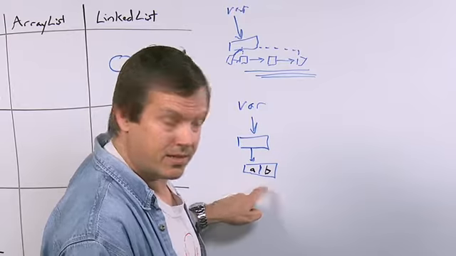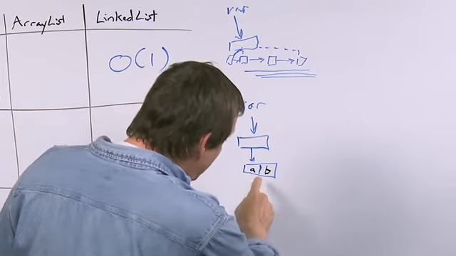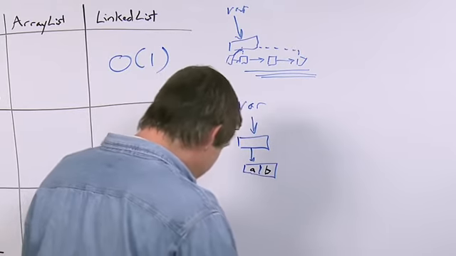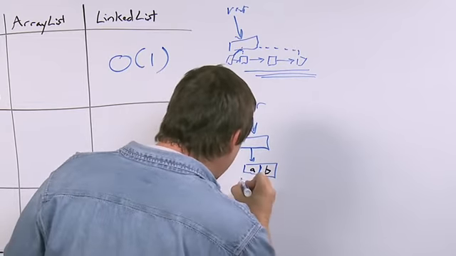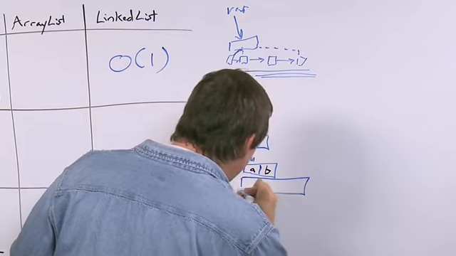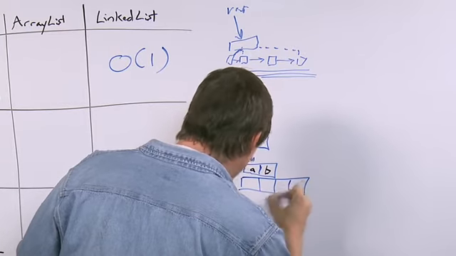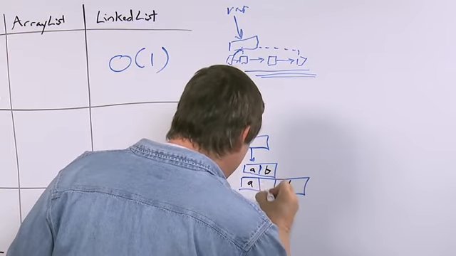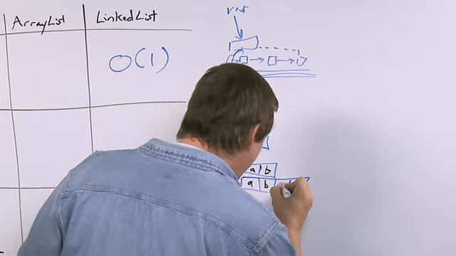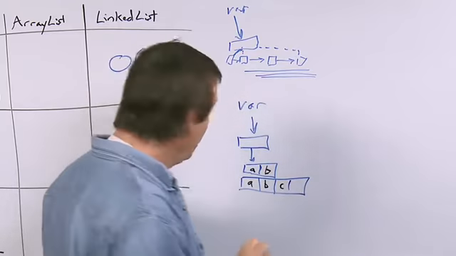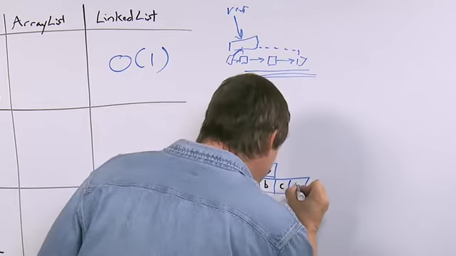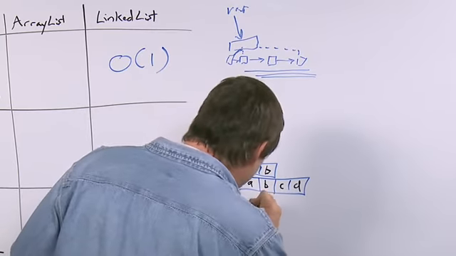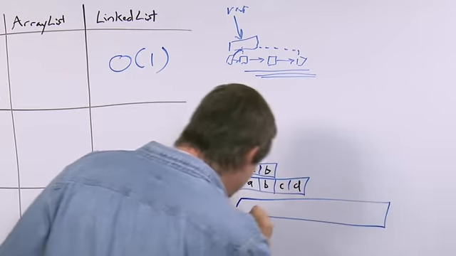Well, there's no space. So internally, the programmer doesn't see this array, it just sees the top level data structure. Internally, the array list allocates another array that's twice as big. And it copies the A down to here, and the B down to here, and then it sticks the C in. And then you say, I want to add in a D, so it just sticks in a D. And then you say, I want to add in an E. So it allocates an array that's twice as big.